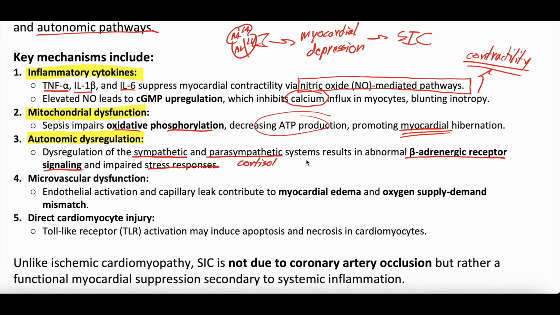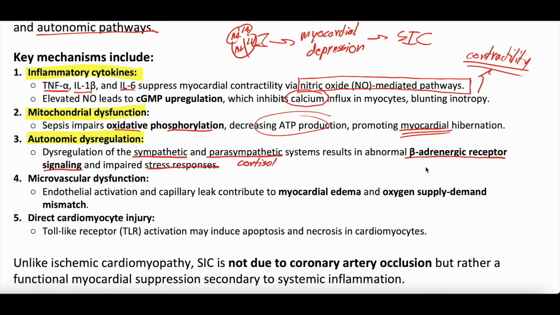And what we know is that in septic shock, some of these pathways have dysregulation, just like our immune response is dysregulated. And the dysregulation in some of these sympathetic and parasympathetic pathways can lead to abnormal beta-adrenergic signaling of the heart, and that can then lead to decreased myocardial function, or a dysregulated myocardial function.